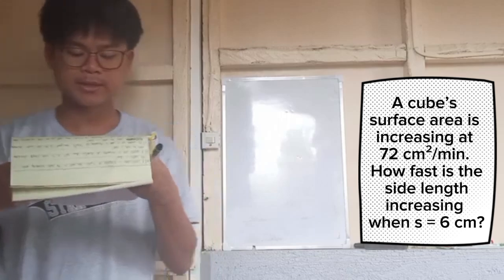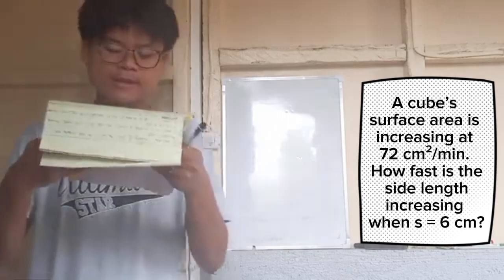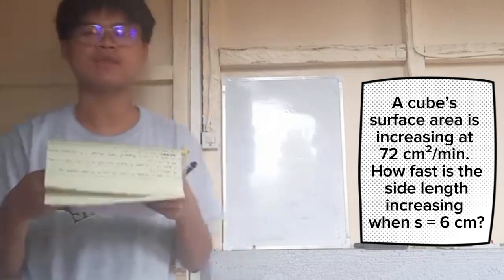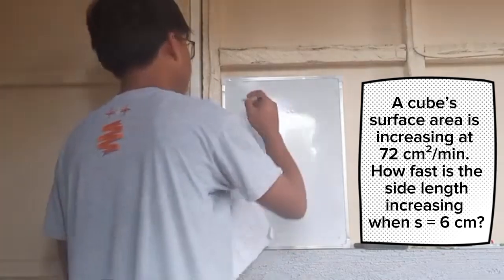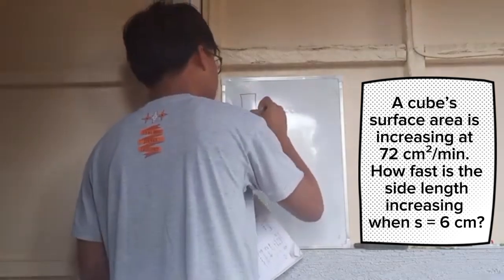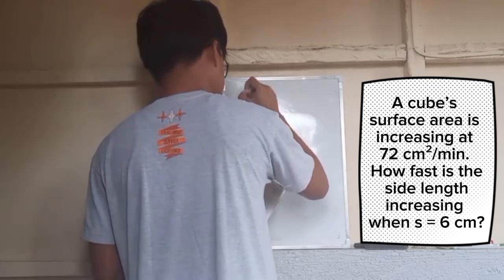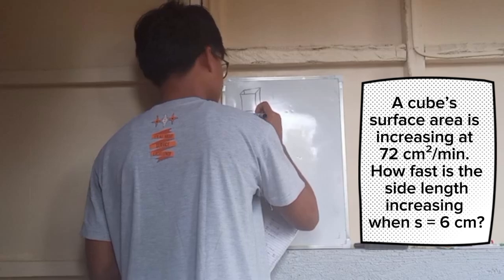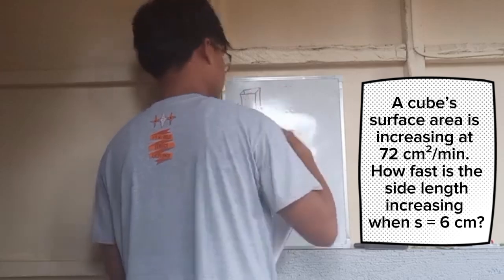A cube's surface area is increasing at 72 centimeters squared per minute. How fast is the side length increasing when the side is equal to 6 centimeters? So now, we'll draw the cube having the side as 6 centimeters. So we have 6 centimeters, 6 centimeters, and 6 centimeters.